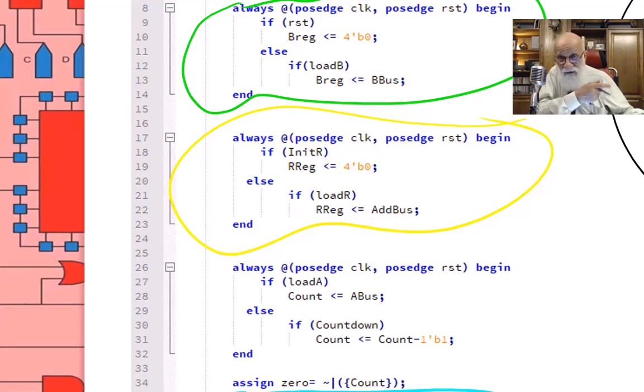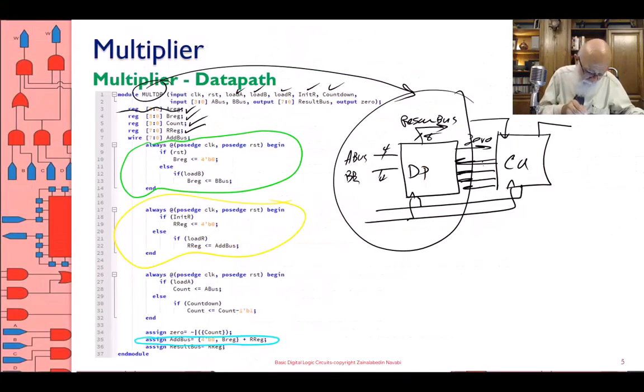It makes a decision for me that I made a mistake, and therefore this 4 tick B0 on line 19 expands to 8 tick B0. True that Verilog helps me out here, but don't do that. Because in some other cases, Verilog may make decisions for you that you don't really appreciate. And therefore, best would be to make this one 8 tick B0.